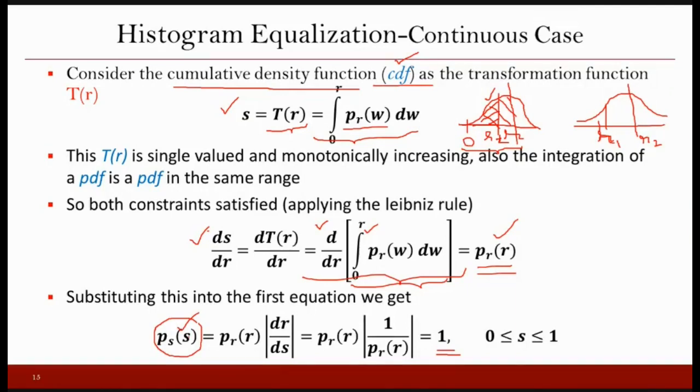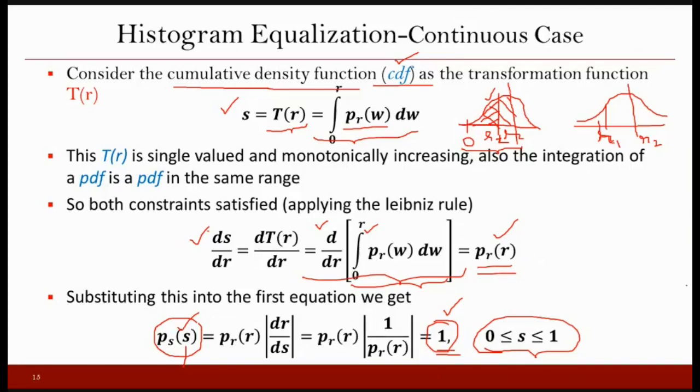Okay. Is that point clear to everybody? So when we are saying that this PS of S is equal to 1, this is actually telling you that the distribution is uniform, because irrespective of the S that you have here, the output is going to be 1. That means in between 0 and 1, the range in which your S lies, for all the possible values, your output is 1 in this probability distribution.